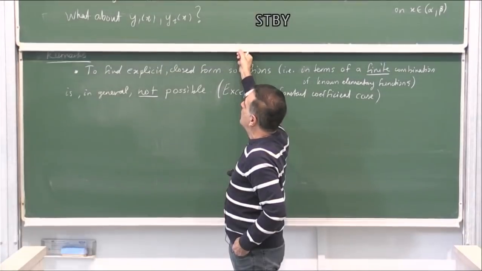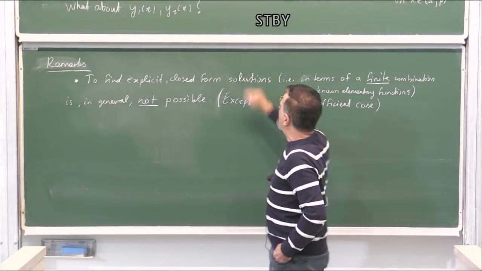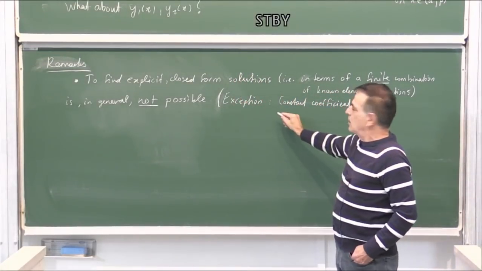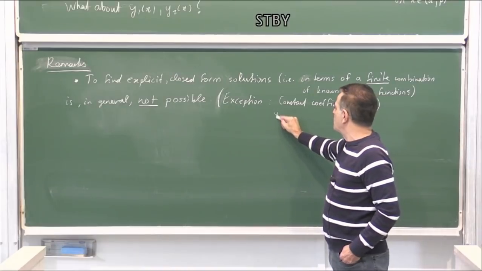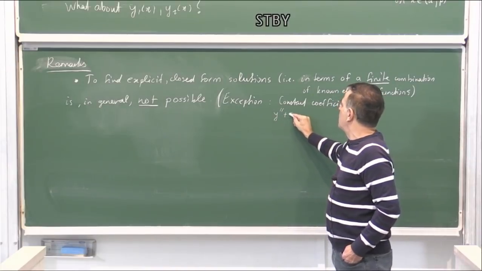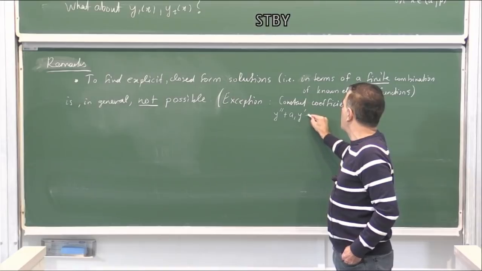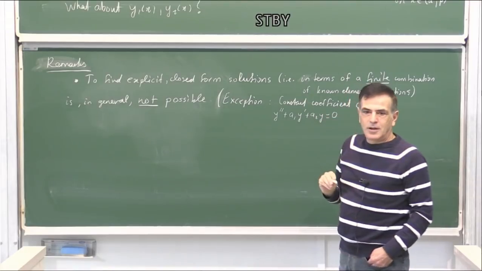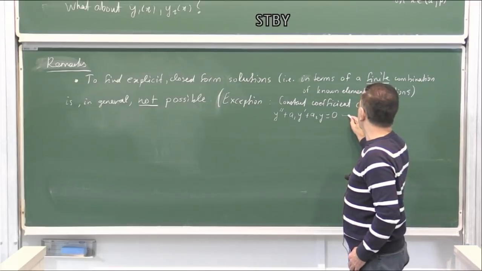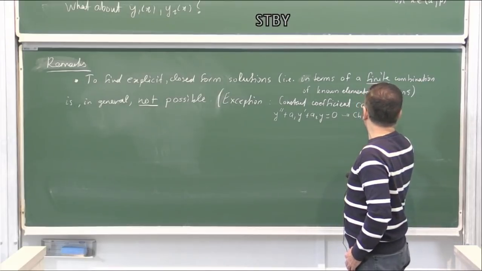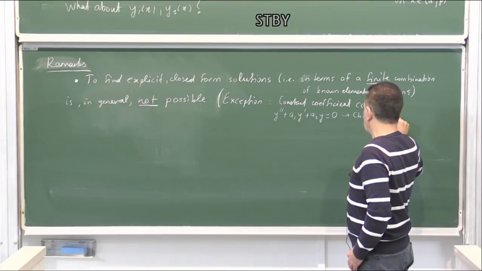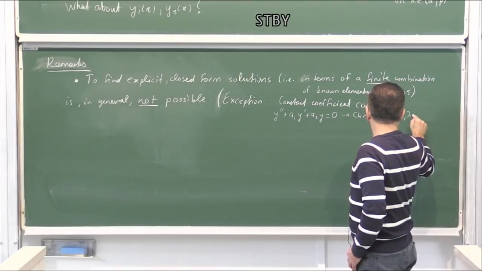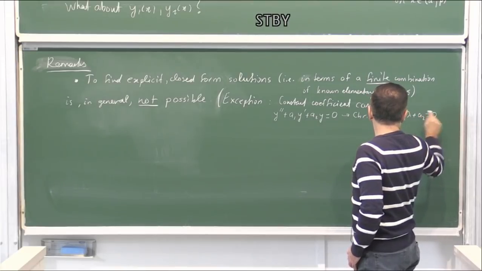In the case where we have an equation with constant coefficients, that is y double prime plus a1 y prime plus a2 y equal to 0, recall that we write down the characteristic equation, lambda squared plus a1 lambda plus a2 equal to 0.